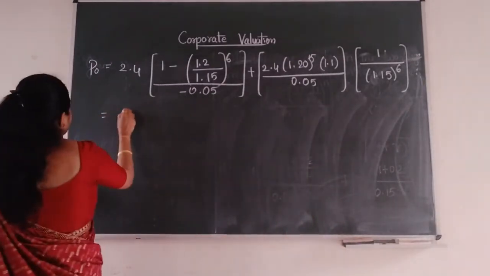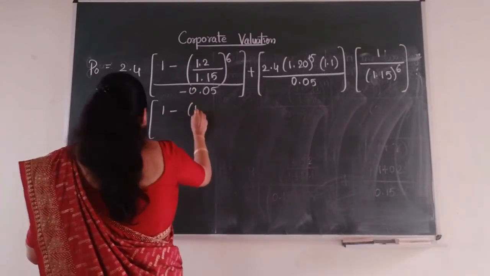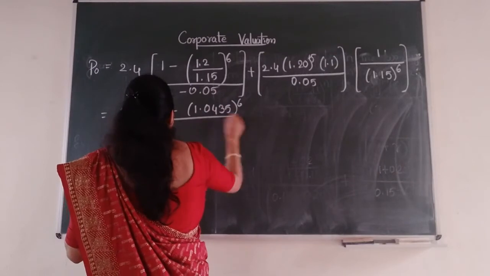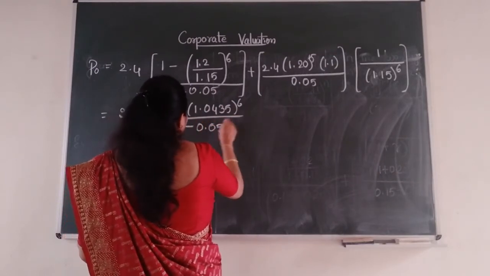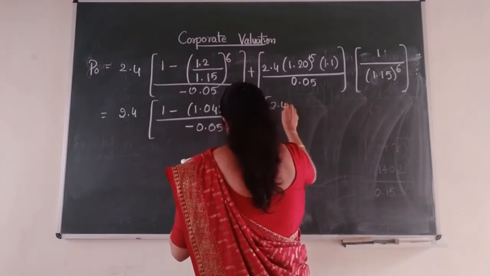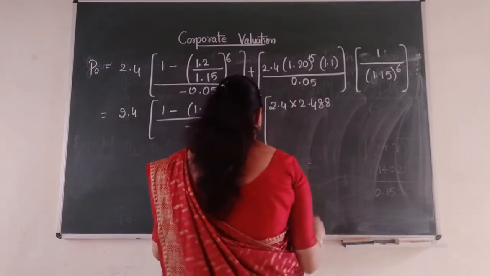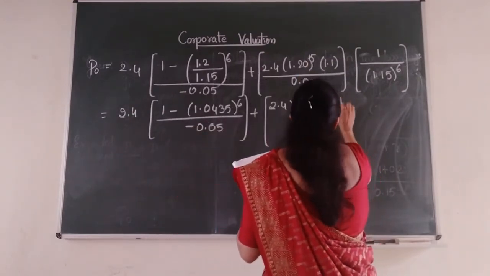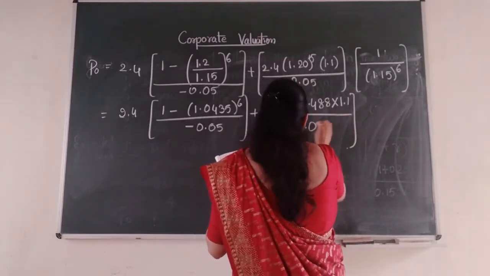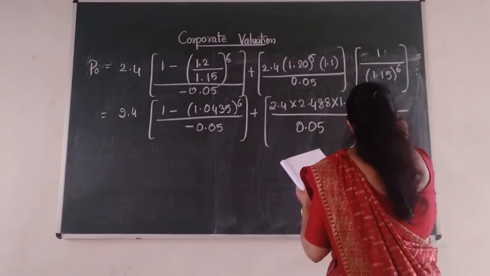So, solving this, 2.4 multiplied by 1 minus 1.0435 to the power of 6, divided by minus 0.05, plus 2.4 into 2.488, that is the value of 1.20 to the power of 5, multiplied by 1.1, divided by 0.05, into 1 divided by 2.3131.